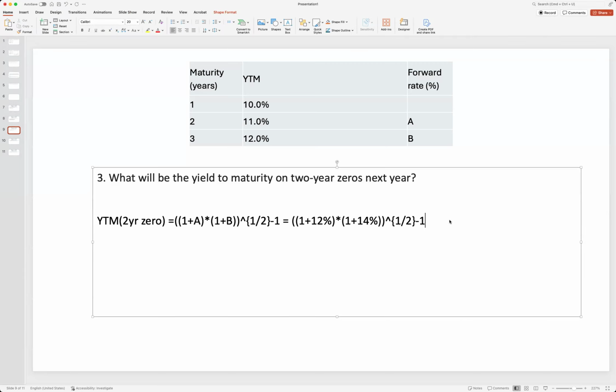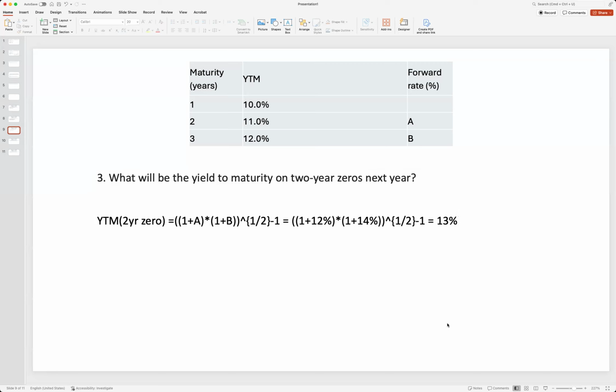And we can enter this into the calculator, and I get 13%. So the yield to maturity of a 2-year zero from year 2 to 3 is expected to be 13%.